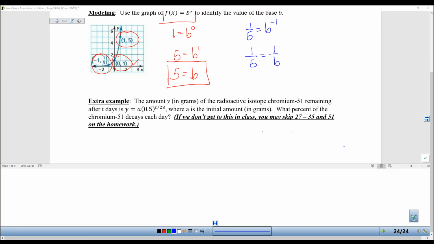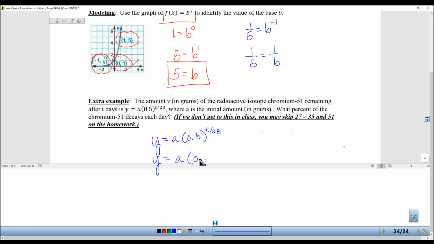Okay, last one. So we're starting with the formula y is equal to a times 0.5 to the t over 28. And they want to know what percent of the chromium-51 decays each day. And this is a little confusing because we don't normally have this t over 28. It's just usually to the t. So that's exactly what we're going to do. We're going to fix that problem.